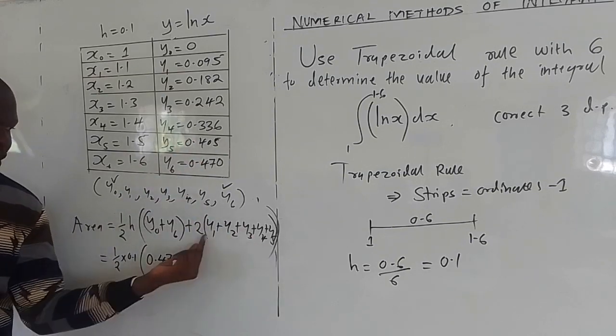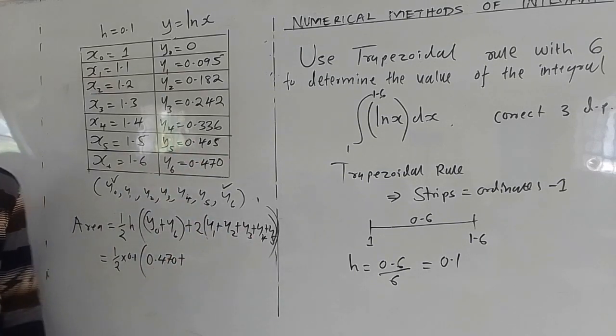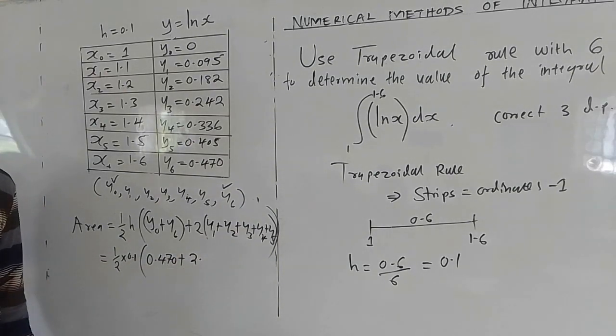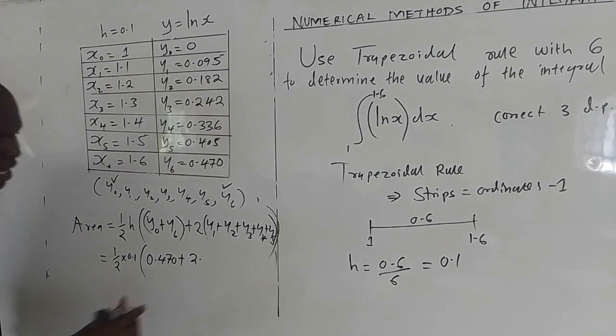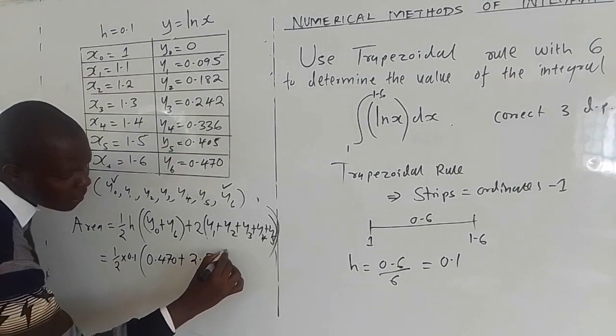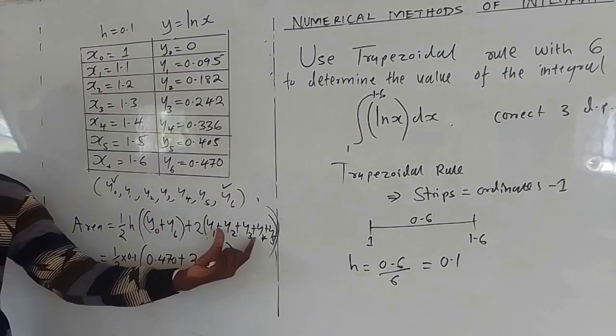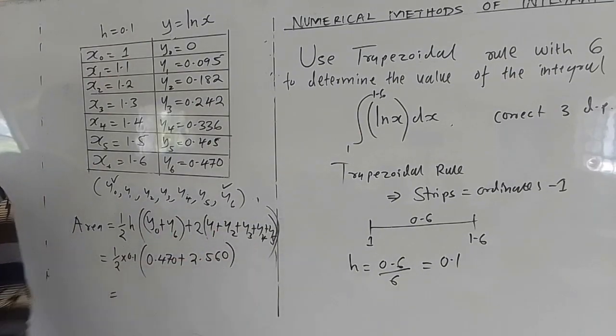What do you get with the whole of this second part? 2.560. You are in agreement there? So in the end, you've already worked this smaller bracket, so you can now deal with that.